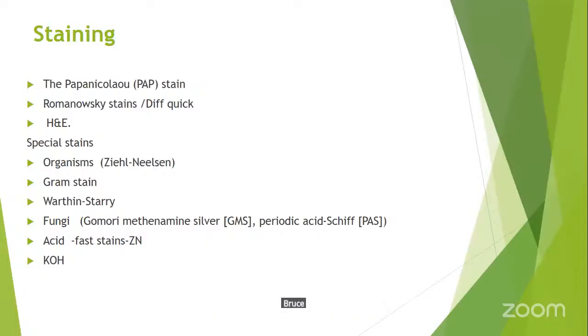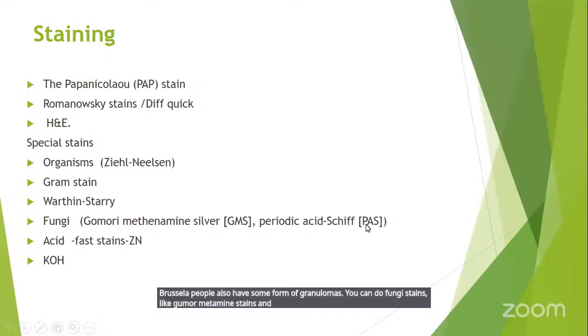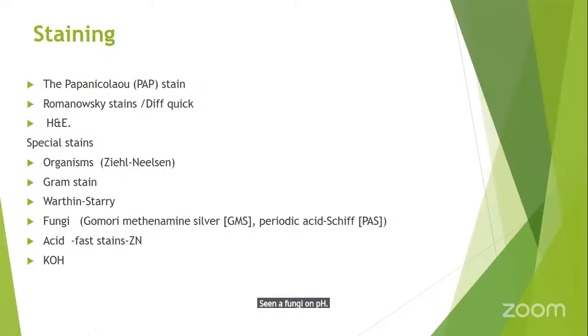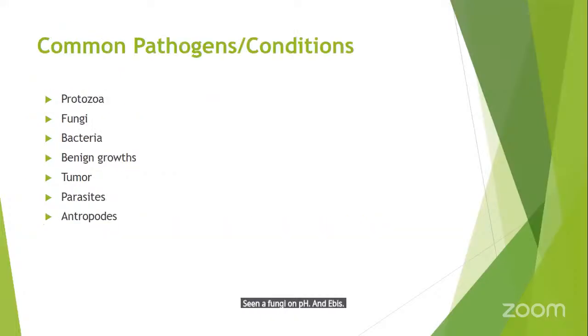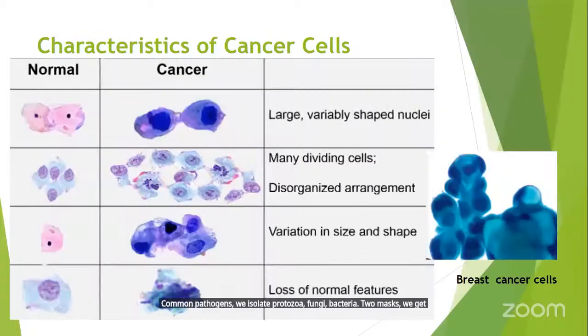The brucella people also have some form of granulomas. You can do fungal stains like Gomori methenamine silver stain and periodic acid-Schiff, if you have seen a fungus on KOH and others. Common pathogens, we isolate protozoa, fungi, bacteria, tumors, we get parasites and arthropods.